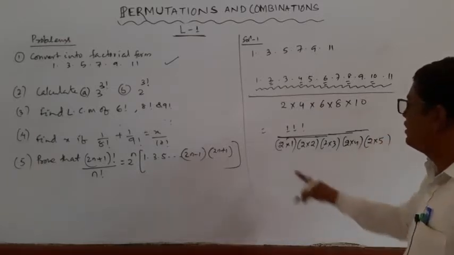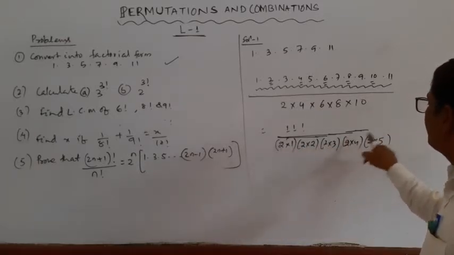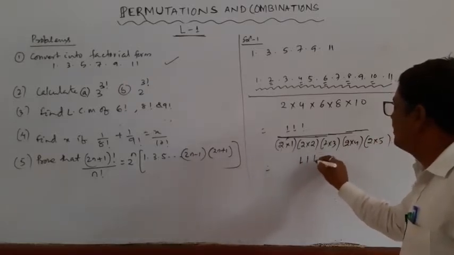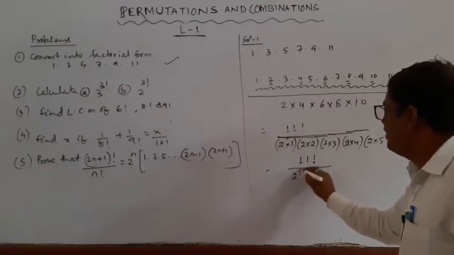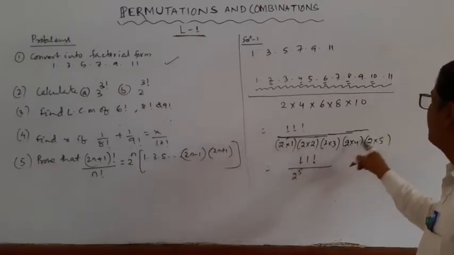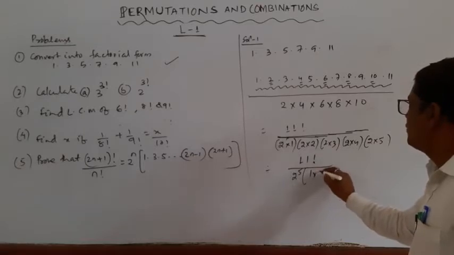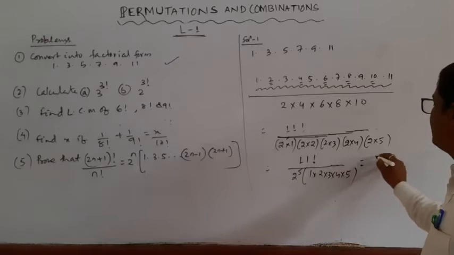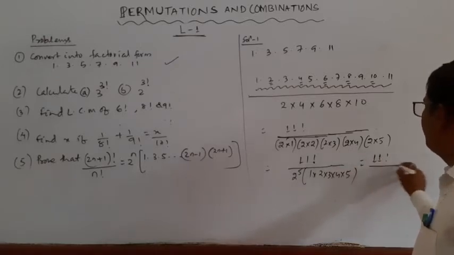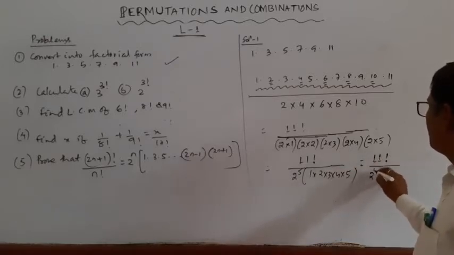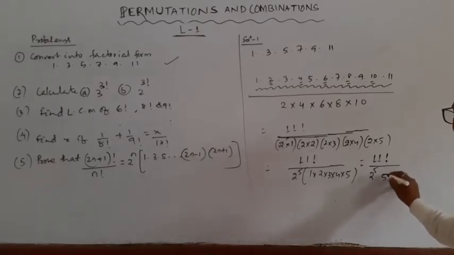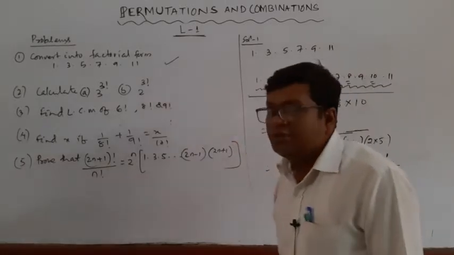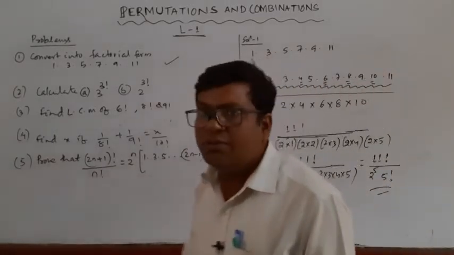There are five 2's, so 2 to the power 5, and the remainder is 1 into 2 into 3 into 4 into 5. So this will be 11 factorial divided by 2 to the power 5 into 5 factorial. This is the factorial form of this question. Now question number 2.